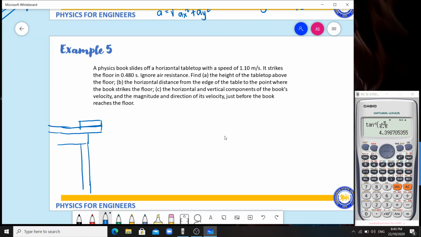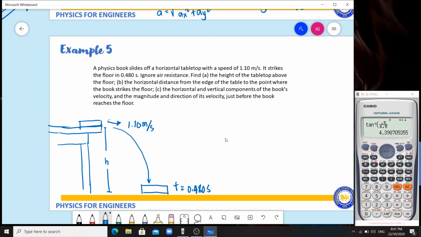Sabi niya, slides off horizontal table with the speed. Meron na nag-slide daw yung book at 1.10 meters per second at bumaba siya after time na 0.480 seconds. Okay? Ang hinahanap is the height.